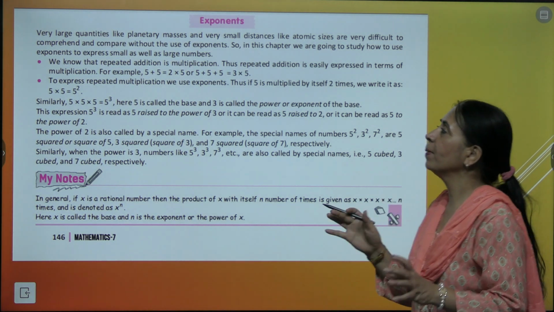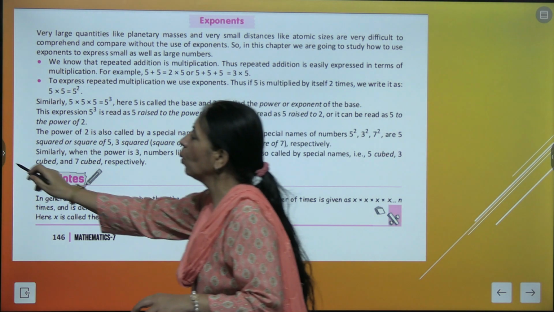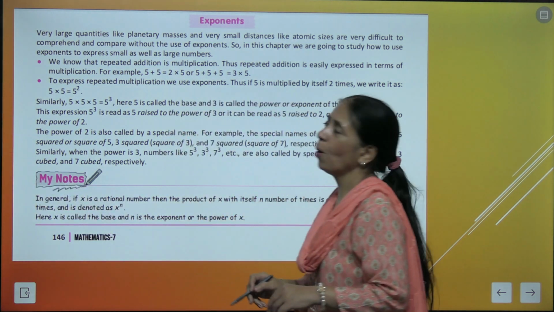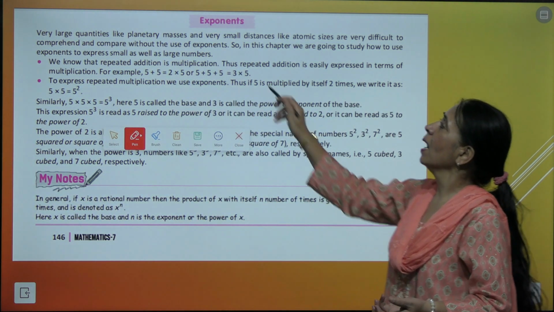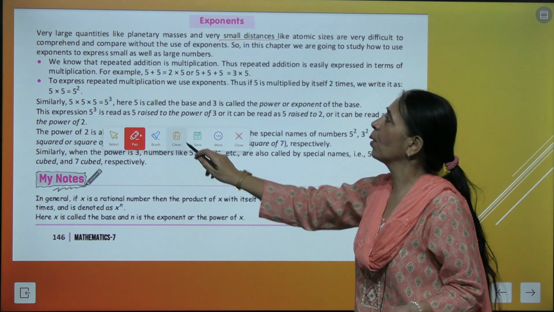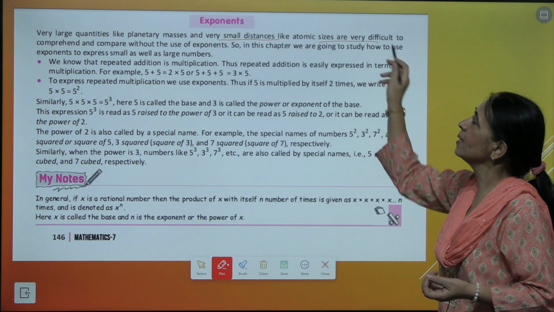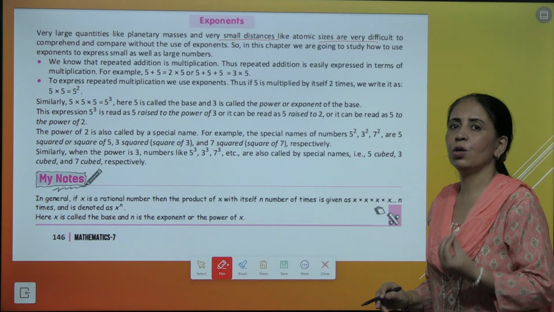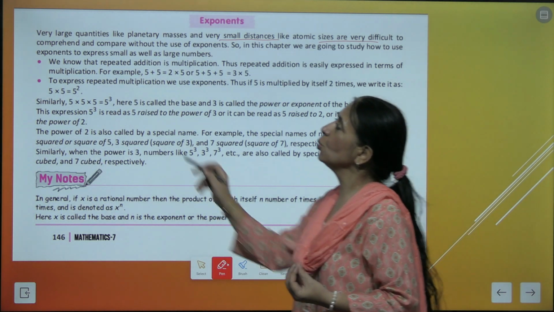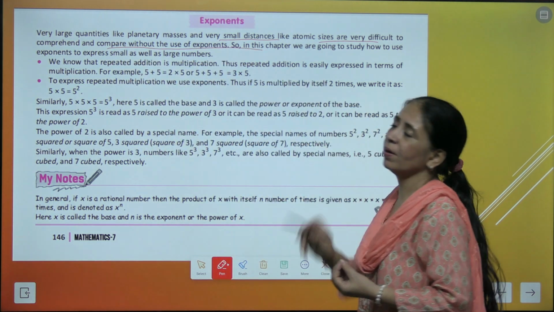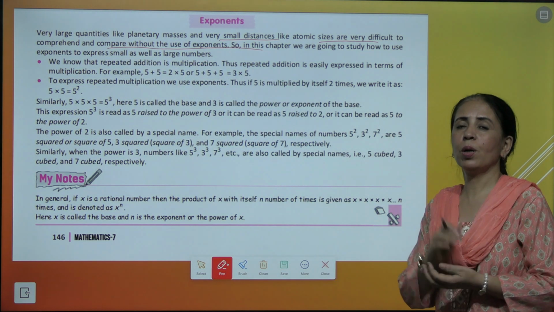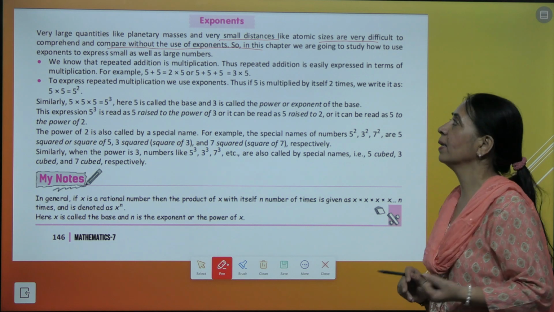Now we come to exponents. बेटा जब बहुत बड़ी बड़ी क्वांटिटीज होती हैं, like your planets' masses, and sometimes we come across very small distances like atomic sizes, which are really very difficult to count, even to write without using exponents. You are not able to even compare them, right?